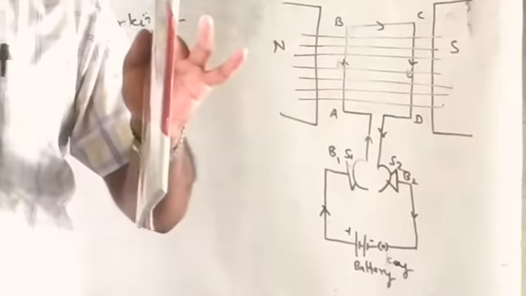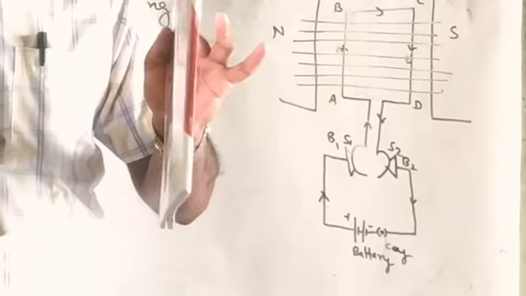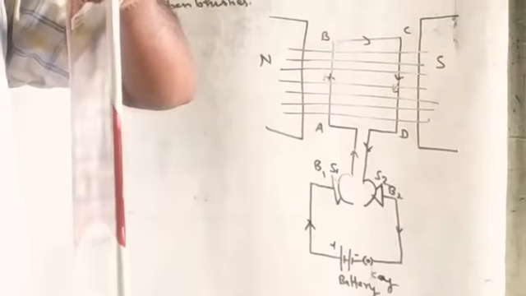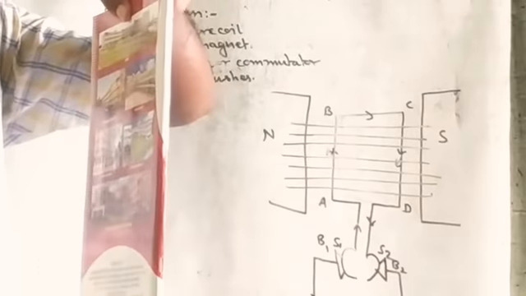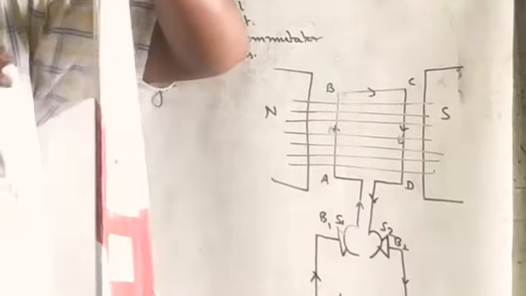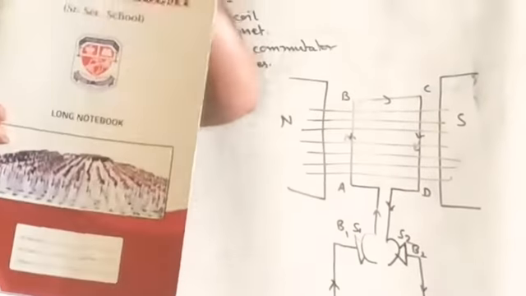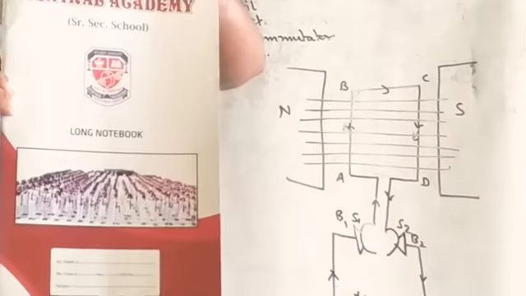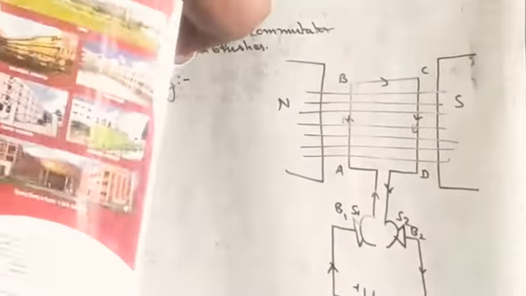Then you may think that in that position the split ring is not present there? No. Due to the moment of inertia, after half rotation, these parts will come, initially I represent like this, and after half rotation, that will come at this.